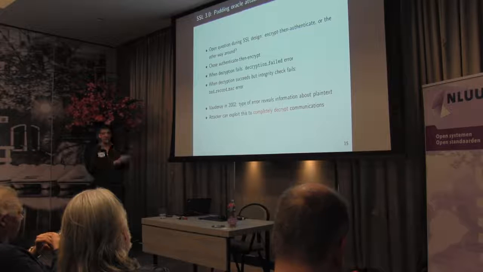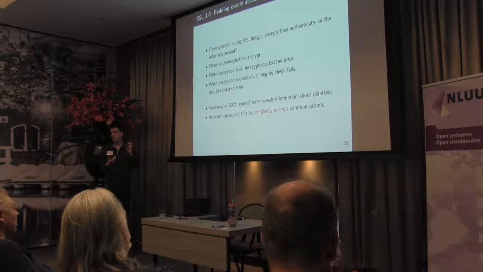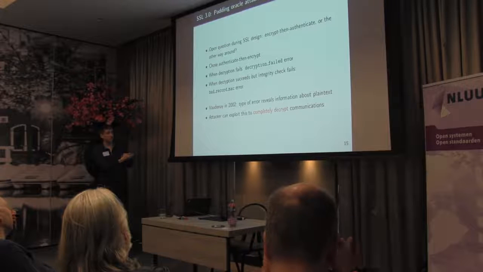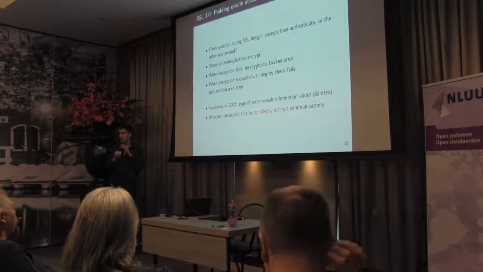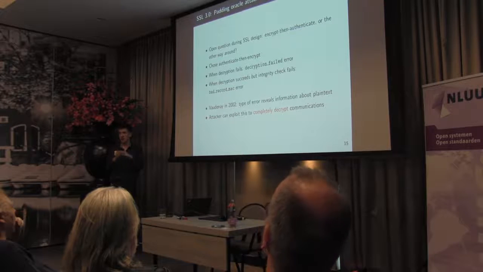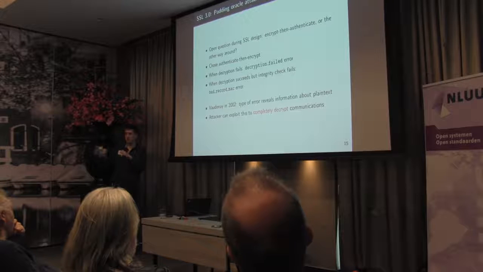Based on the type of error message, it reveals a little bit of information, equivalent to one single bit, about the original plaintext. So by selectively changing messages and then looking at what kind of error you would get back, you could slowly decrypt all communications bit by bit.